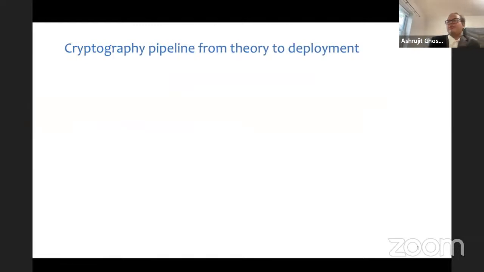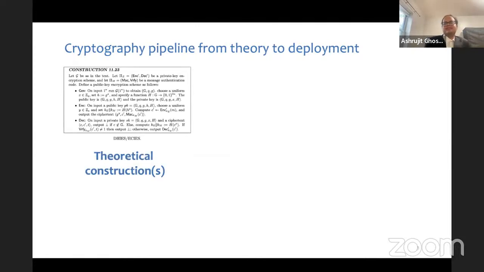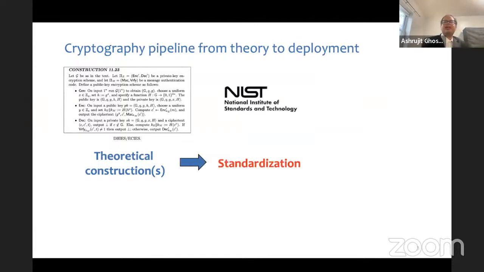However, going from theory to deployments is not a very straightforward process, and it involves a pipeline. The first step in the pipeline consists of design of new theoretical constructions, and this is followed by a standardization process, usually undertaken by an organization like NIST, the National Institute of Standards and Technology.